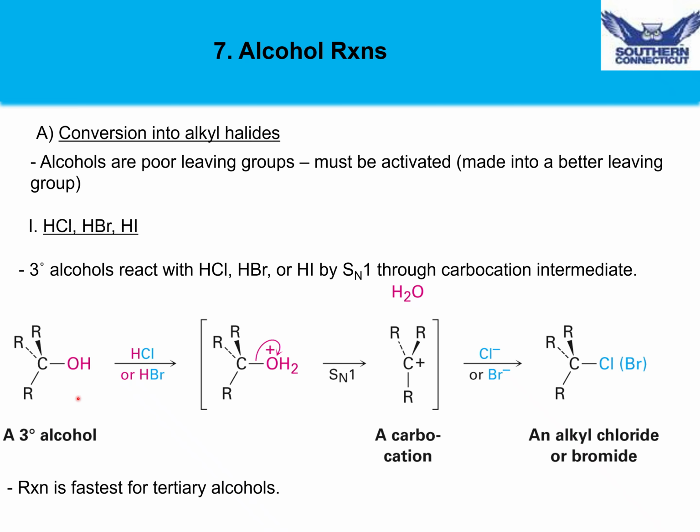A general example is shown here, where if we add HCl or HBr to this tertiary alcohol, we can protonate the alcohol and turn it into a water leaving group, which would eliminate through an SN1 reaction to form a carbocation. And then in a second step, a chloride or a bromide would add to this carbocation to form the alkyl halide.